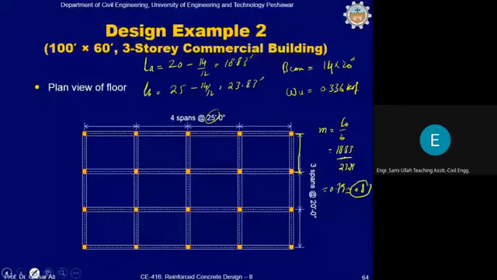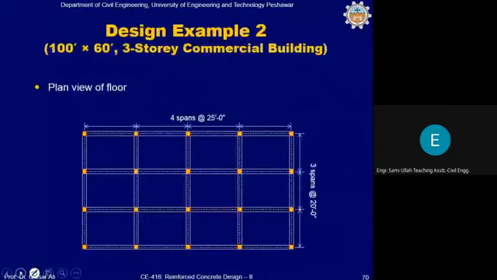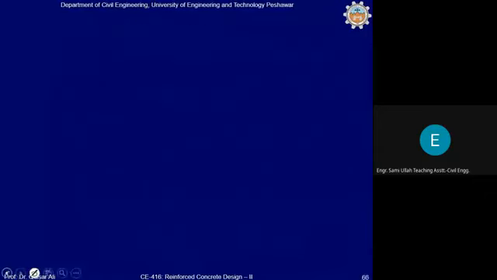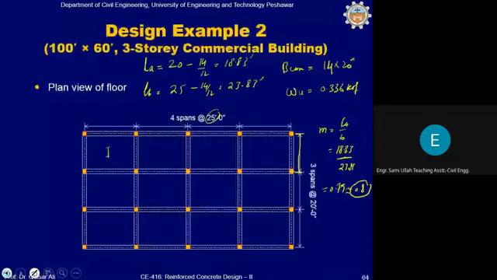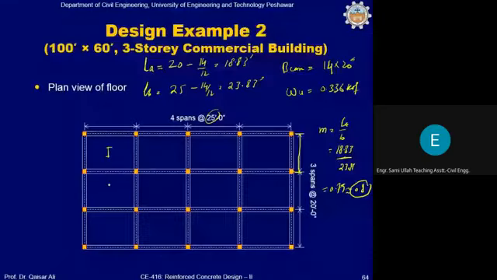So again, it is panel 1. This is panel 1, panel 2, panel 3, and this is panel 4.